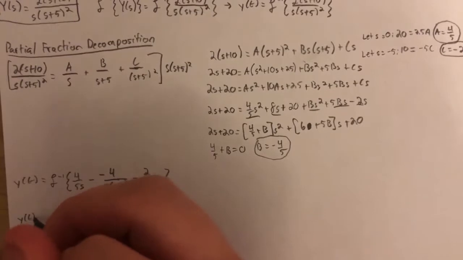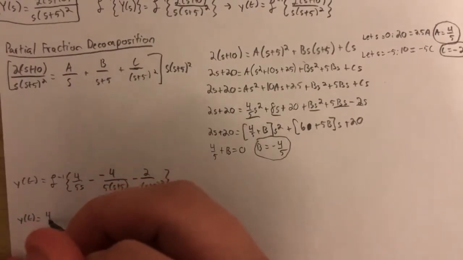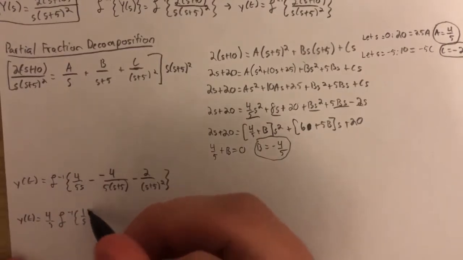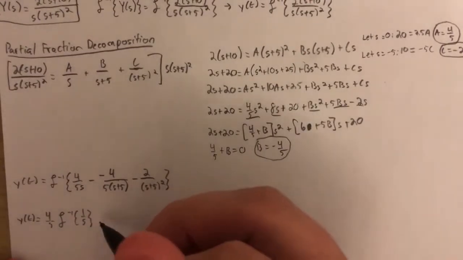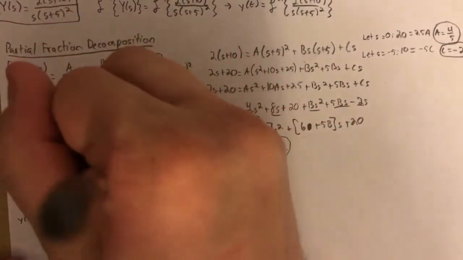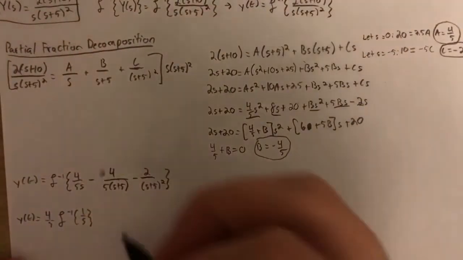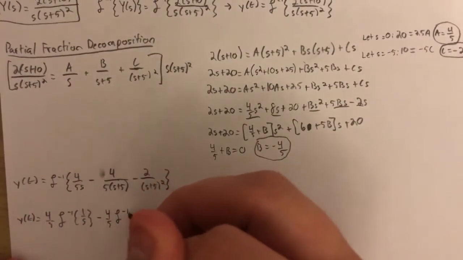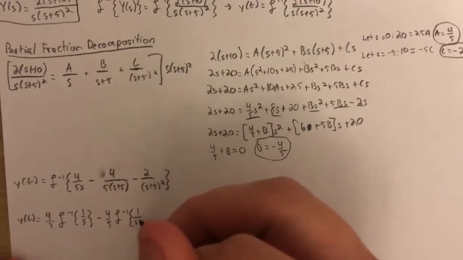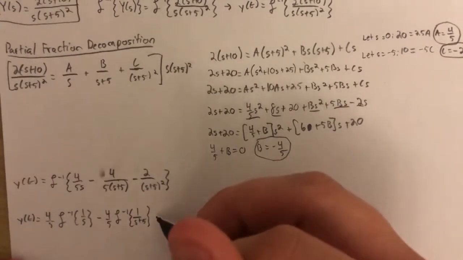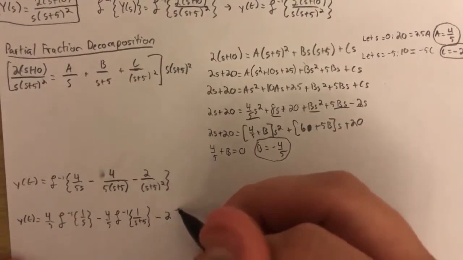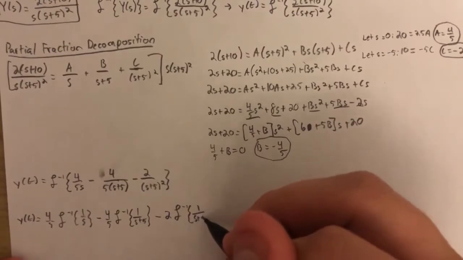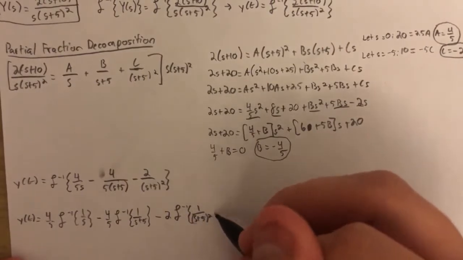So y of t equals 4/5 times the inverse Laplace transform of 1/s, minus 4/5 inverse Laplace transform of 1/s plus 5, minus 2 inverse Laplace transform of 1/s plus 5 squared.